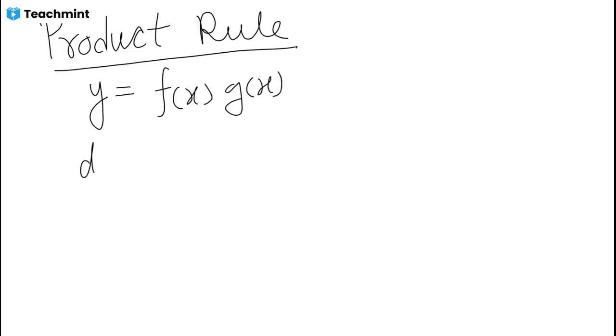Say we have y equal to the product of two functions, f(x) into g(x). Now let us find its derivative.